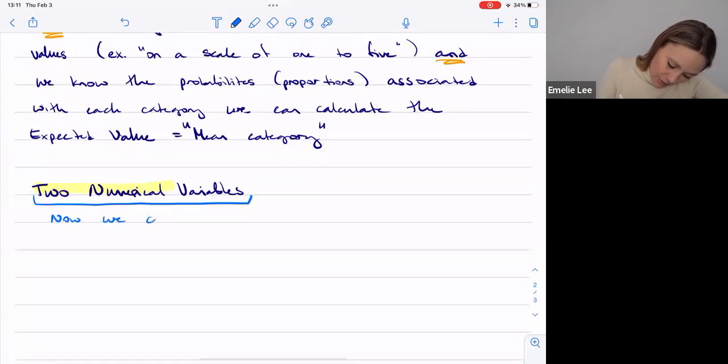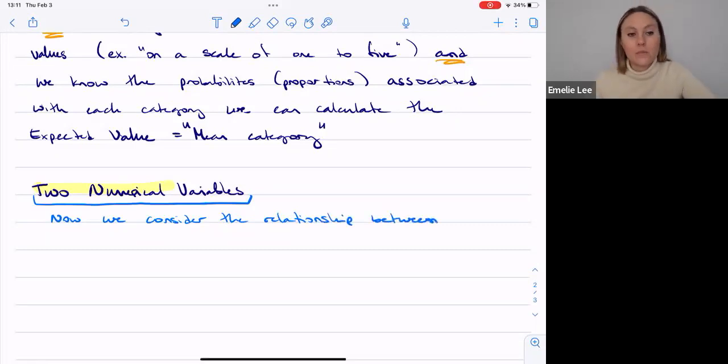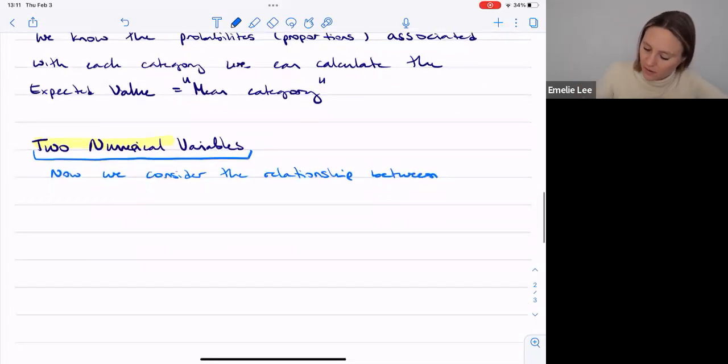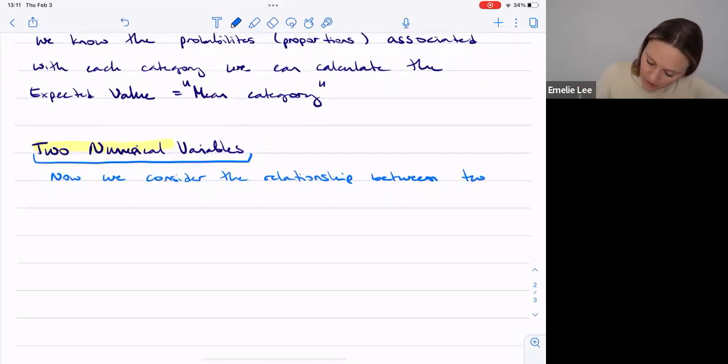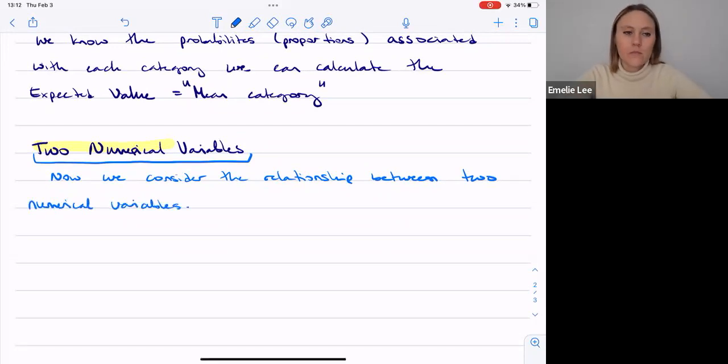So now we consider the relationship between, in this case, two numerical variables. Let's start with how to summarize it.